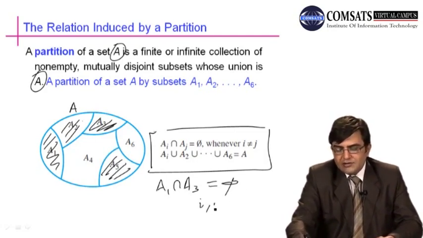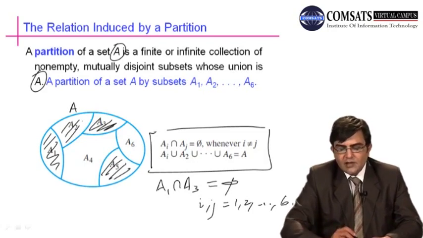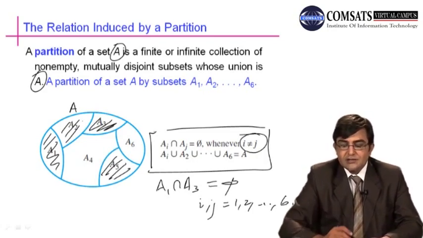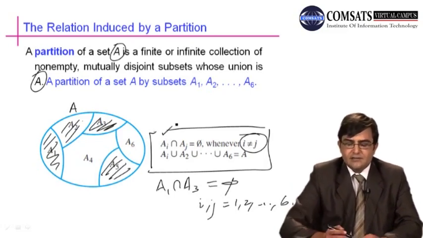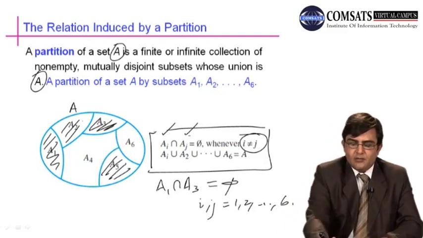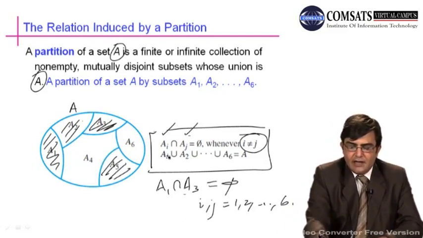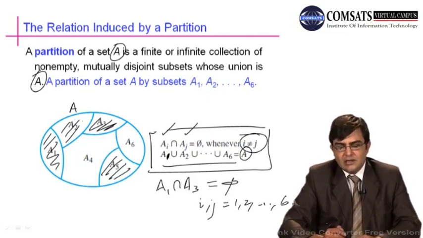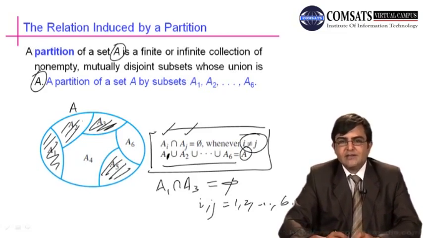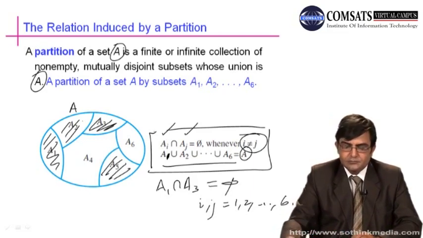Here i or j means 1, 2 up to 6. So i must not be equal to j, means we must not take the intersection of the same set, A1 with A1, this is again A1, this is not phi. So we must take the intersection of two different sets, not the same sets. And if we take the union of A1, 2, 3 up to A6, this must give us the whole set A. So this is the partition of a given set A.